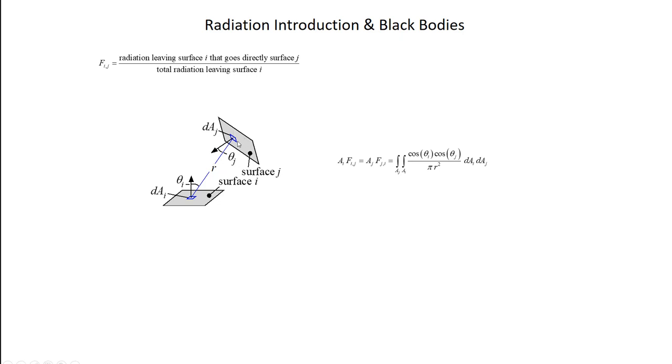So if I have a surface I and a surface J, I can do this big, ugly, complicated double integral, where I divide surface I up into a bunch of differential areas, and for each differential area, I integrate to a differential area on surface J. It's related to the distance between those differential areas and the angle between the normal to the surface and the vector that joins those two differential areas. So that's possible to do.